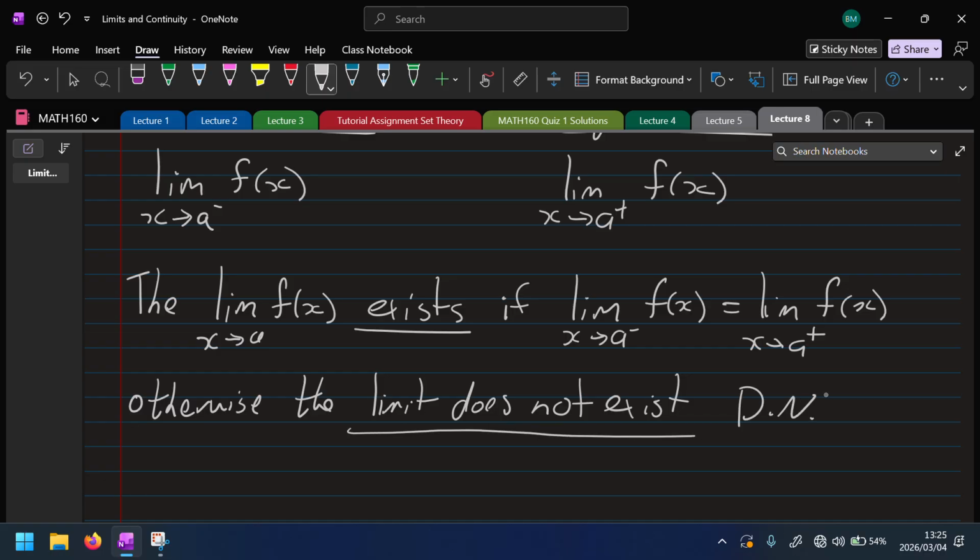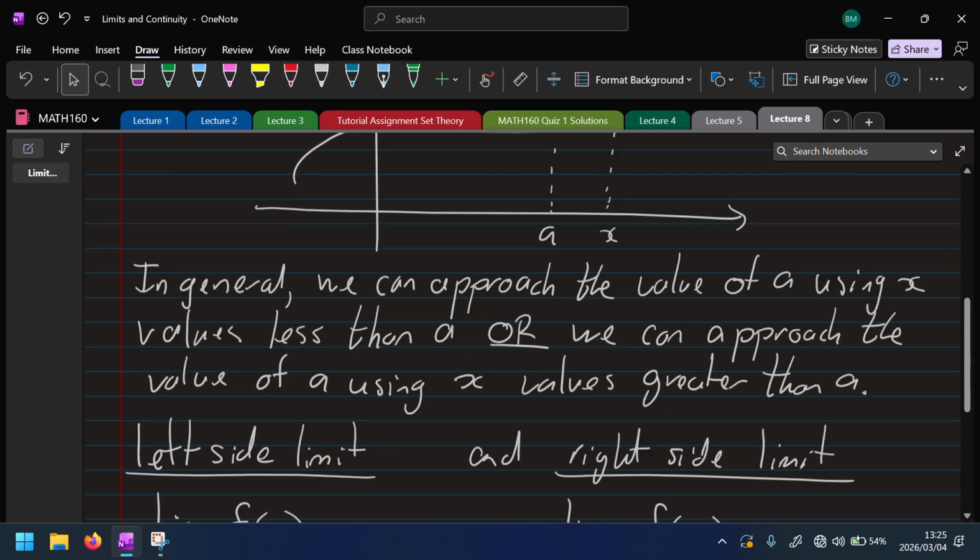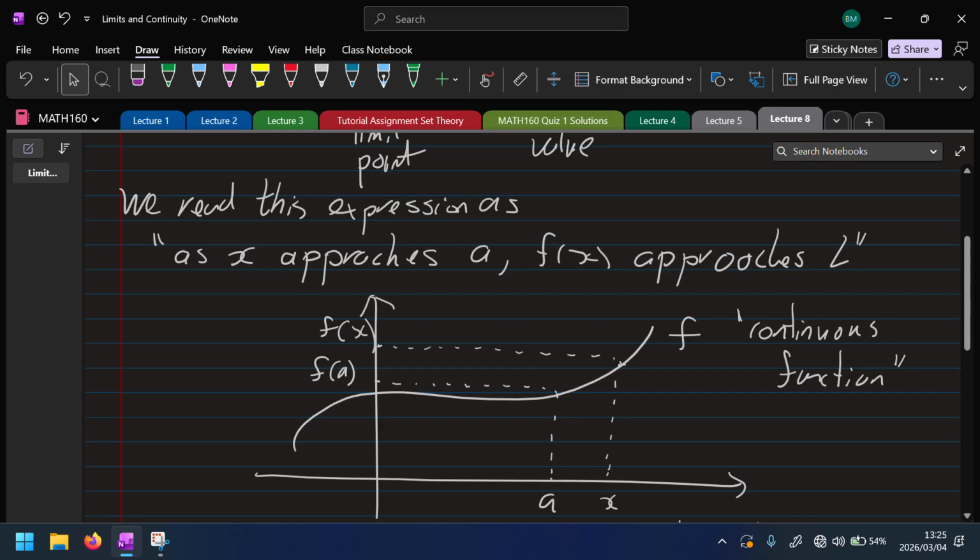In other words, DNE, you might have seen that before. DNE, does not exist. Okay, any questions so far? All good. And again, keep this diagram in mind with x being on the left or being on the right. Okay. So for these examples, please always keep this in mind.